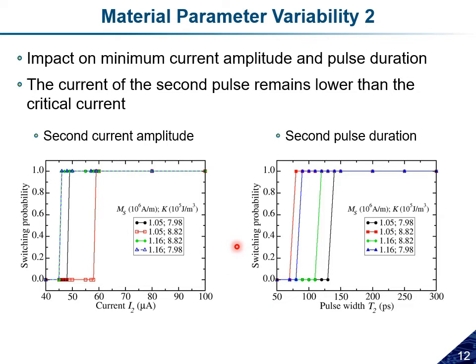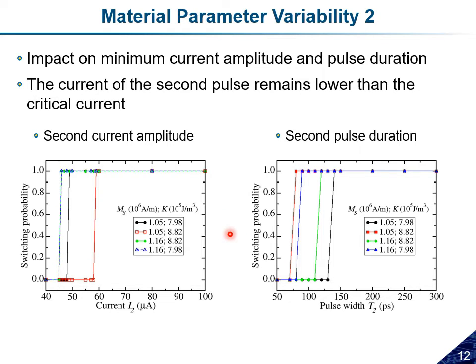For the pulse duration, a minimum of 150 picoseconds was observed to guarantee deterministic switching of all cells within this variation, which is rather short and consistent with the typical values of 200 picoseconds that we have used previously. So this is not really an issue.